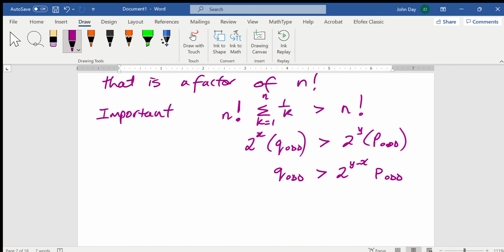Now, because y and x are clearly bigger than 1, and y is bigger than x, because 2 to the y is the most that you can factorize out of n factorial, and 2 to the x was a smaller number, as we saw from getting out of the brackets, then we know that q odd is actually bigger than p odd. It's some even number times it. Q odd is bigger than p odd, since y is bigger than x and y is bigger than naught.